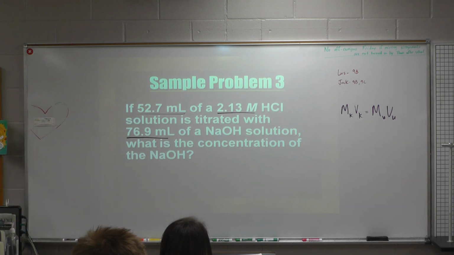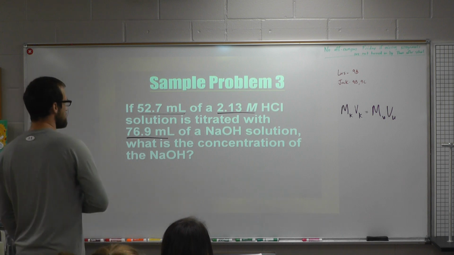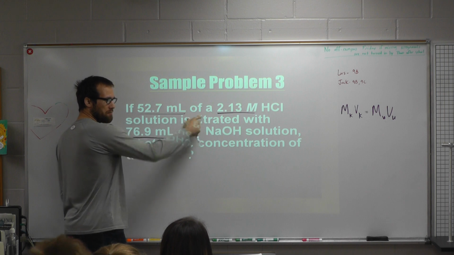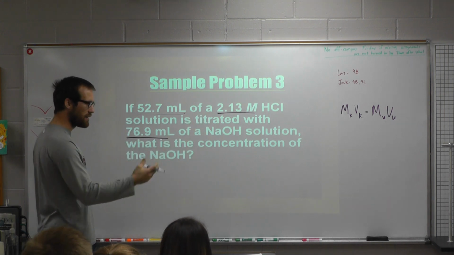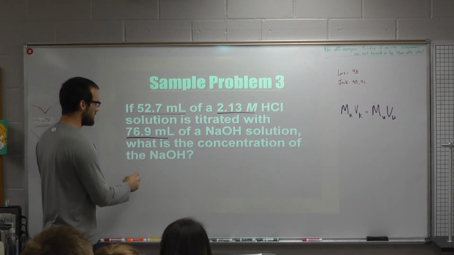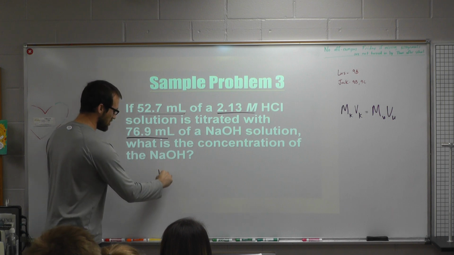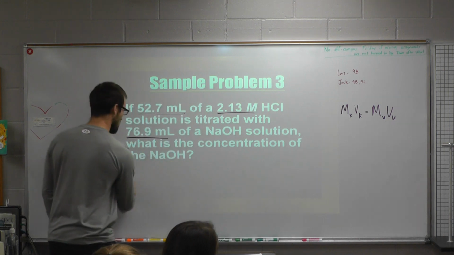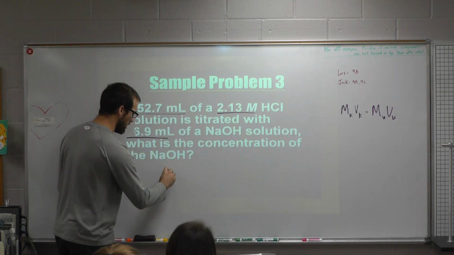Use that information to find the concentration of that particular base. So I'm going to say this is probably my known. I could put it on the other side, but let's put it as our known. So what is our known molarity? 2.13. Okay, our known molarity is 2.13.